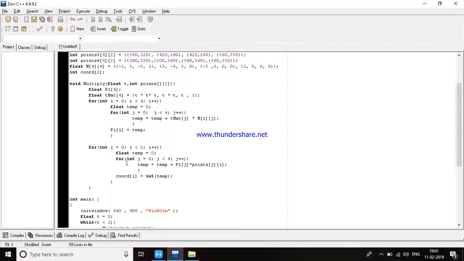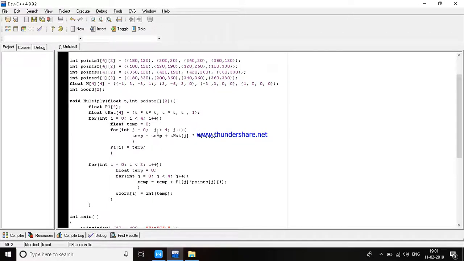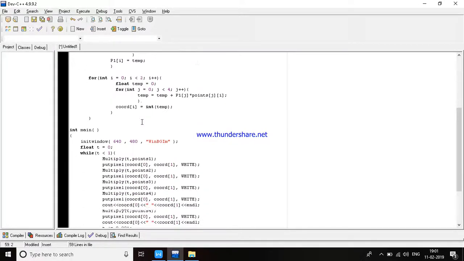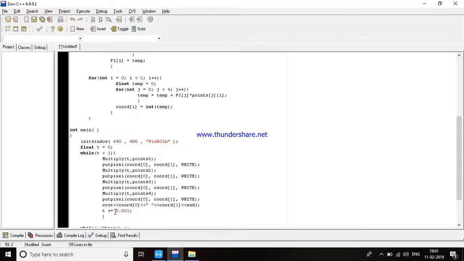I am doing that for four different sets of points, and I'm changing the value of t as well. t is incremented at the end of this while loop by a very small value, which helps us get all the points to be drawn for our required curve.